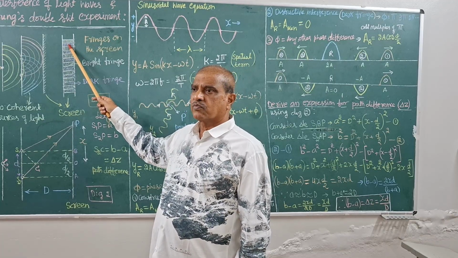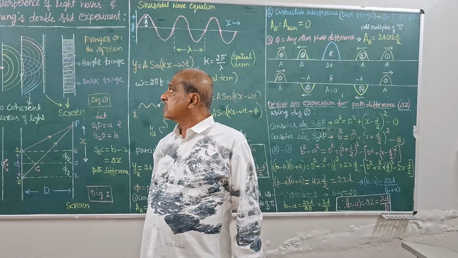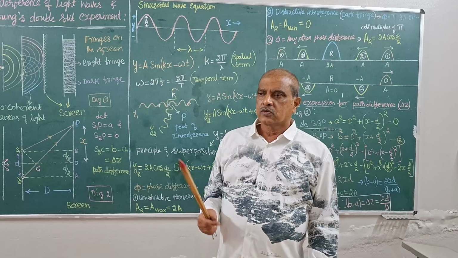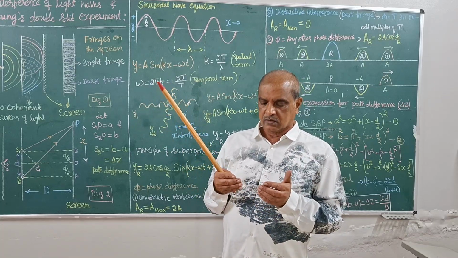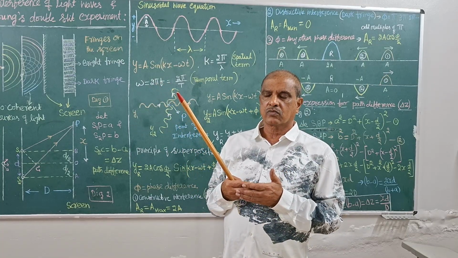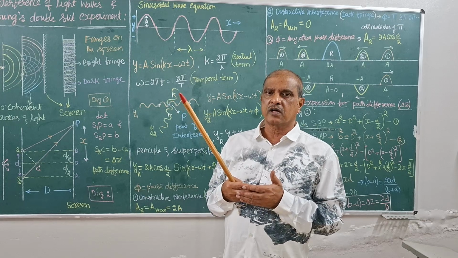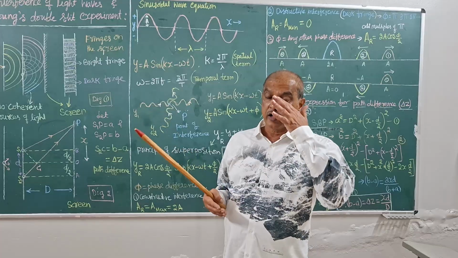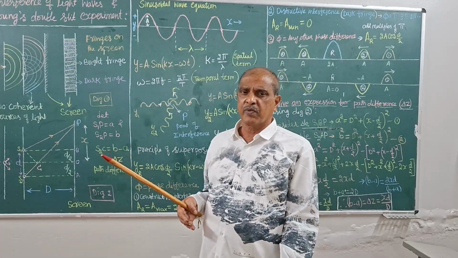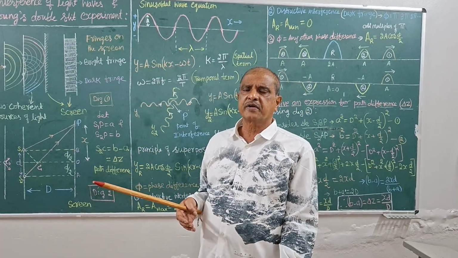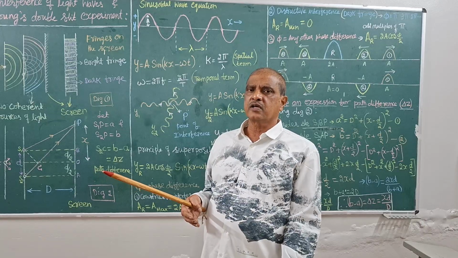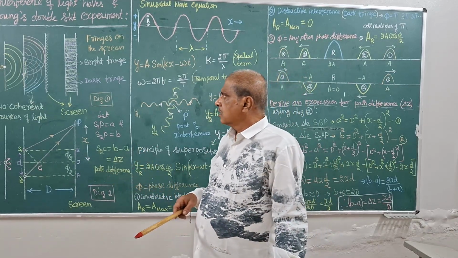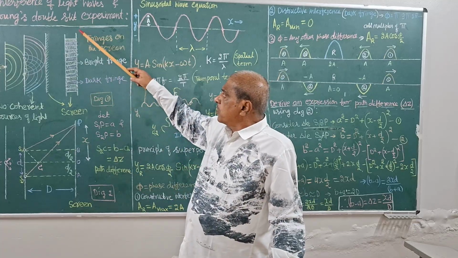That is a point of interference or point of intersection. So different waves cross each other. When they cross each other, they fuse at a point. And after combining, what is the resultant? The resultant is a change in the amplitude of the wave.